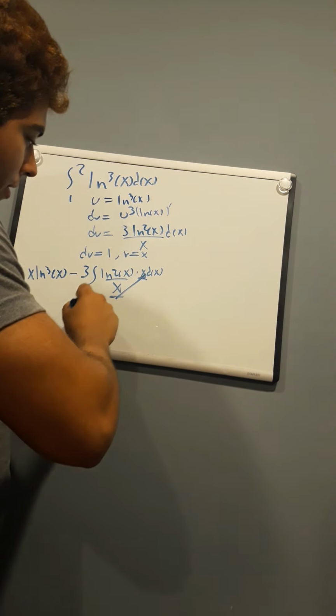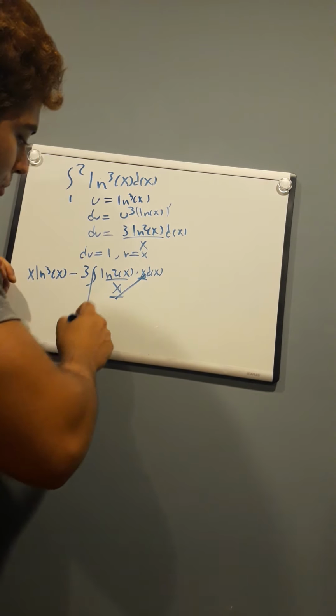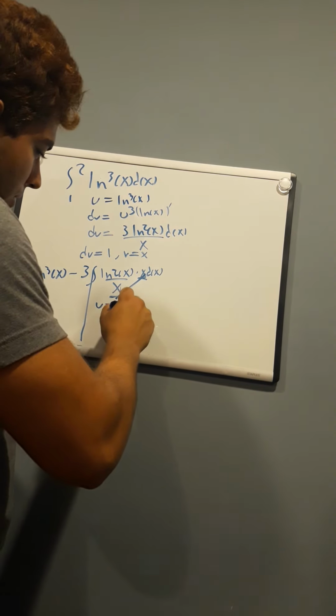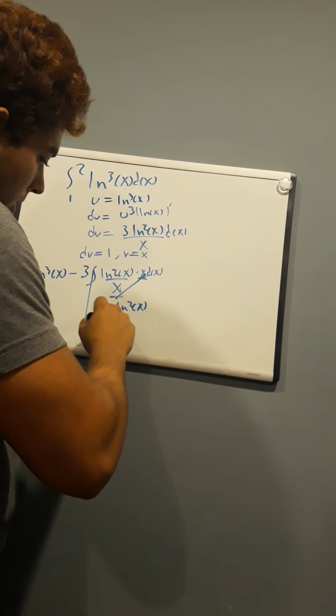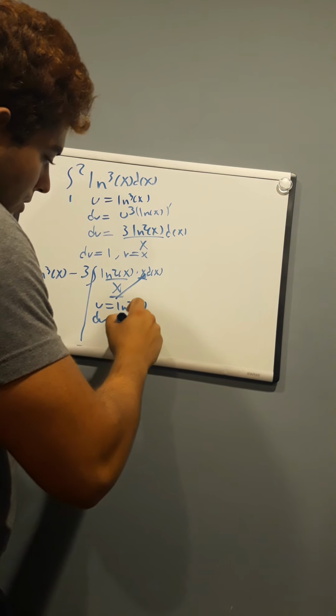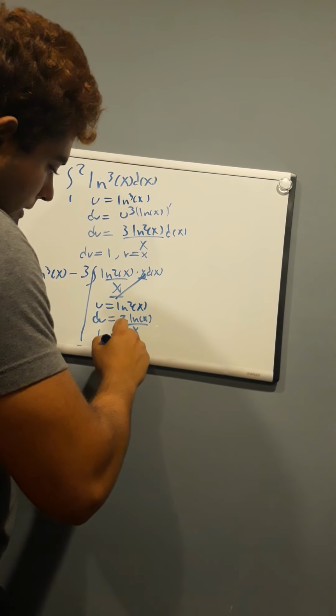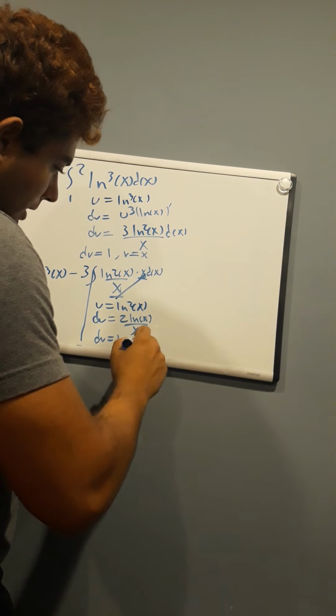And now you're here. Much like previous problems, where I was asked whether or not I do integration by parts again, this applies here too. So u is equal to ln squared x, du is equal to 2 ln x all over x, dv is equal to 1, so v is equal to x.